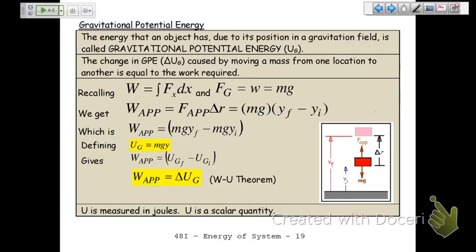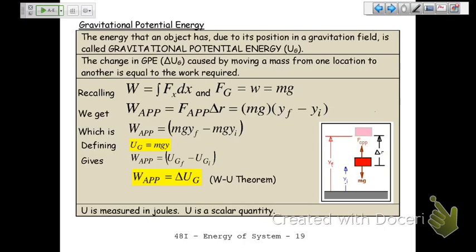So I say, hold on, I remember this. Work is equal to the integral of F_x dx, and F_g, my gravitational force, is equal to the weight, which is equal to mg. My applied work is equal to the force times the displacement.